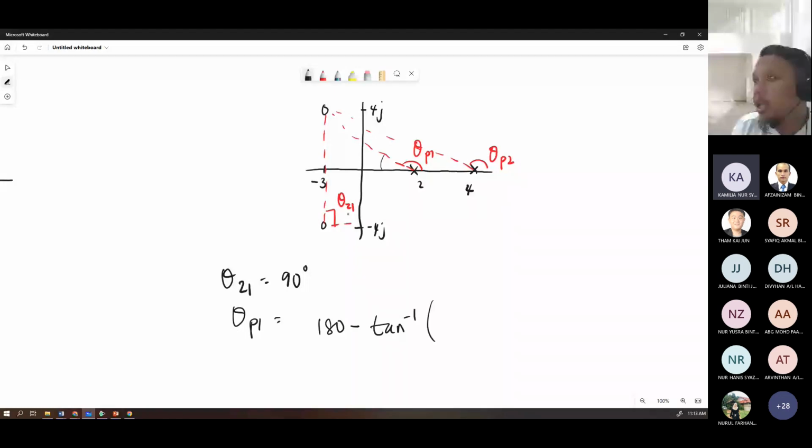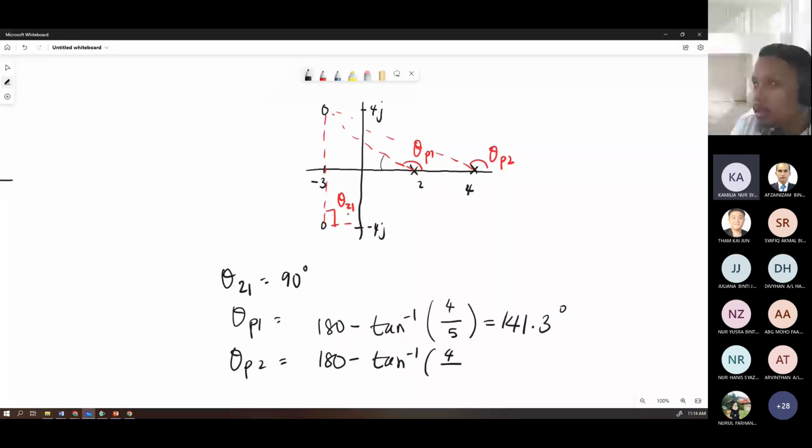So that will be 4/5. So you get 141.3. And theta P2, so similar. So it's 4 over this length 7. So you get 150.3.